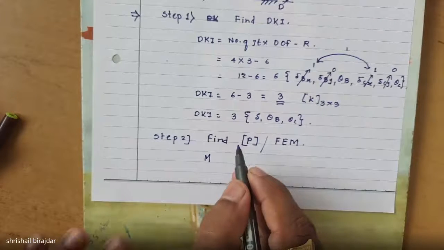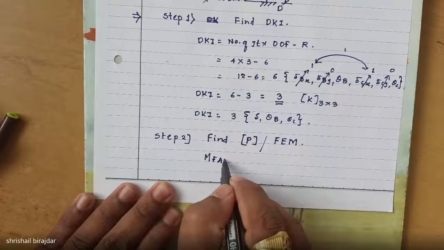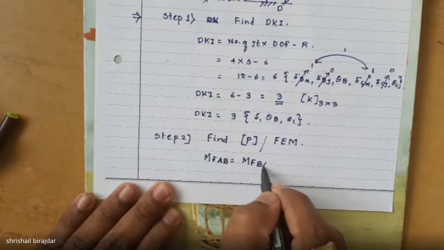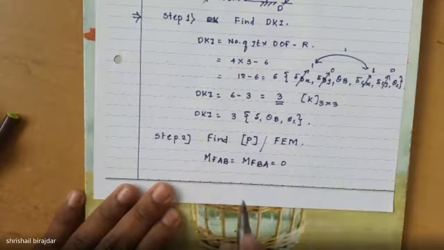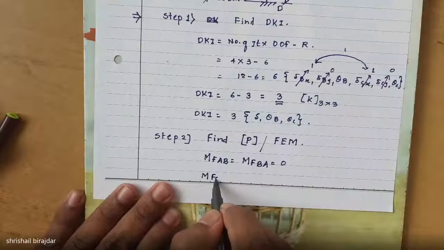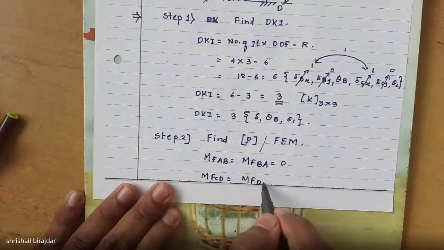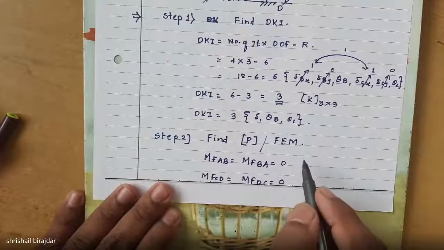MF AB equal to MF BA equal to 0. Are you getting this point? Then ultimately MF CD and MF DC equal to 0, as the loading is not present at the column.